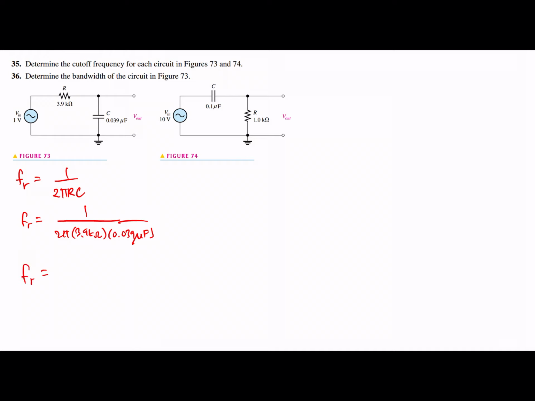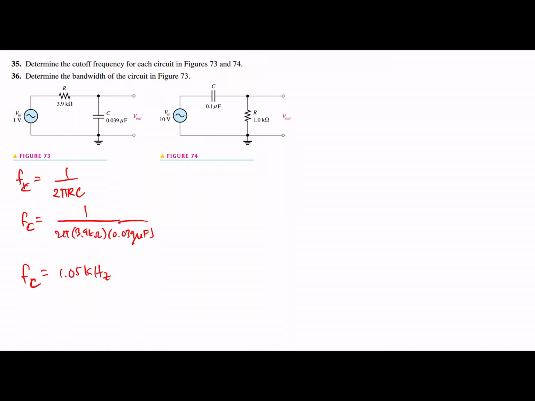So FC, because this is the cutoff frequency, is equal to 1.05 kilohertz for the circuit in figure 73.